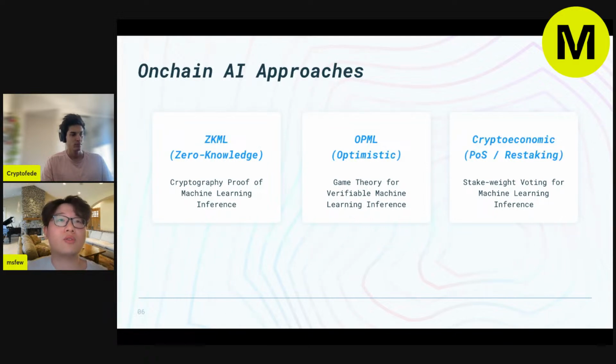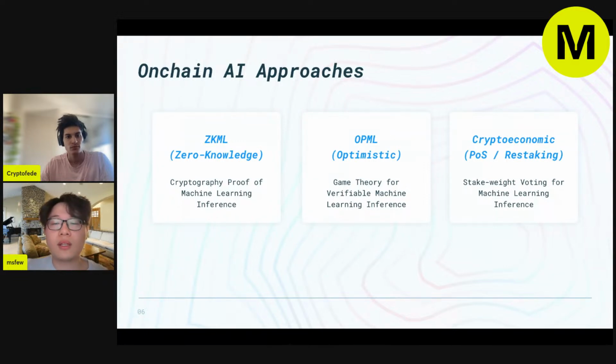It also attracts node operators to contribute compute resources. So I think that's how they use this crypto economic approach to offer the flexibility for adapting to different models, different business models, different roles of the validators, and different setups of the networks.